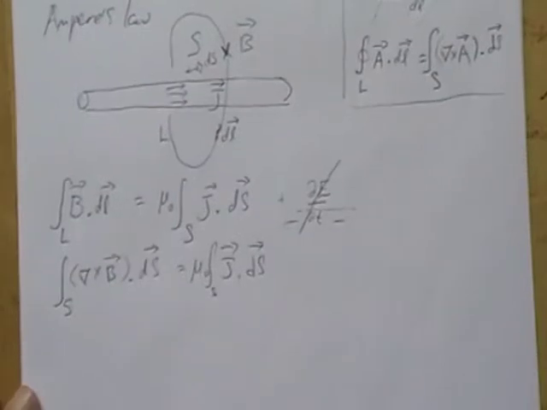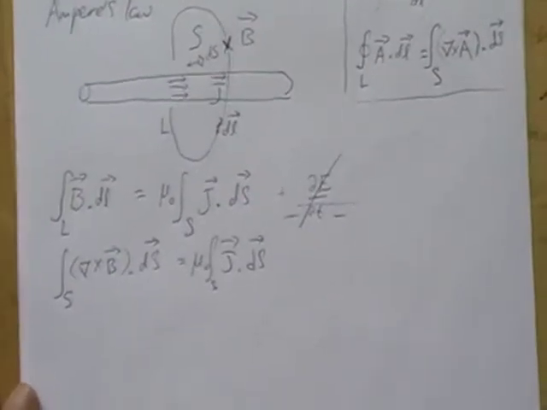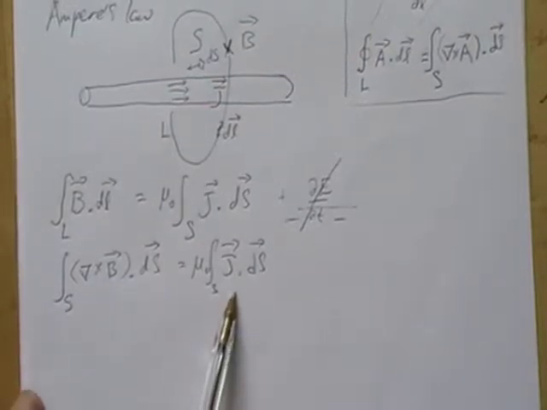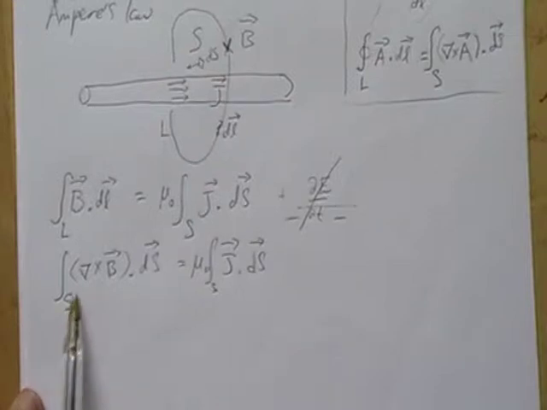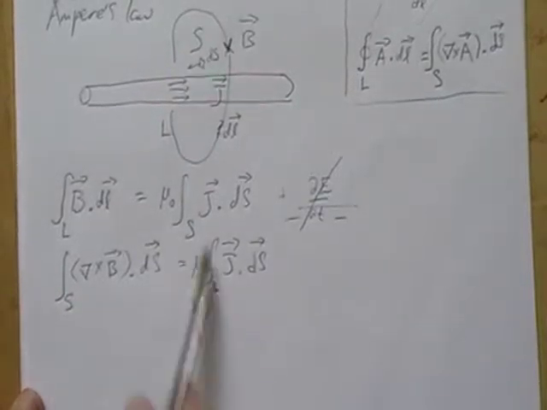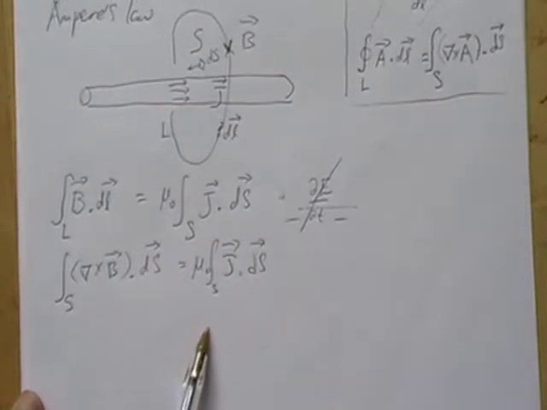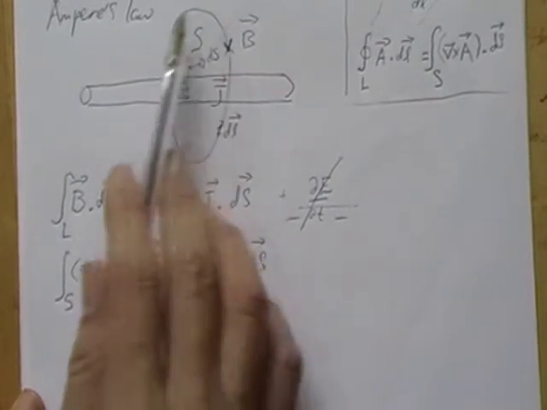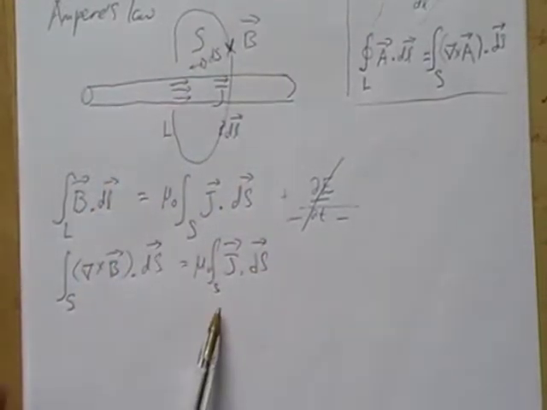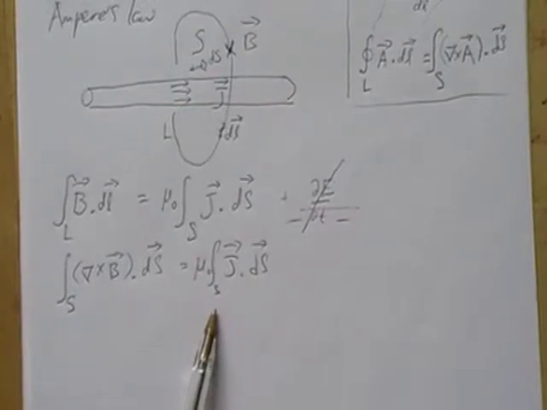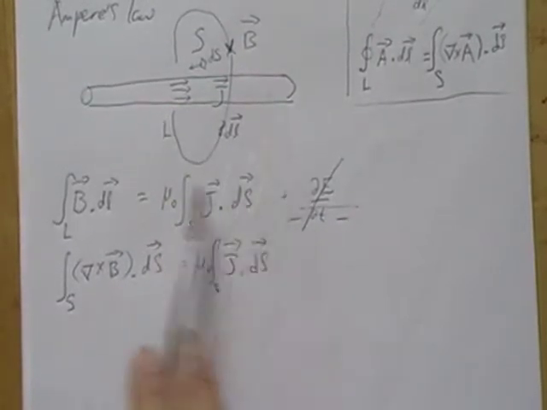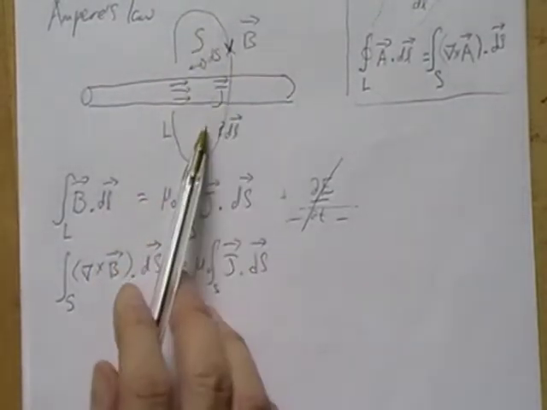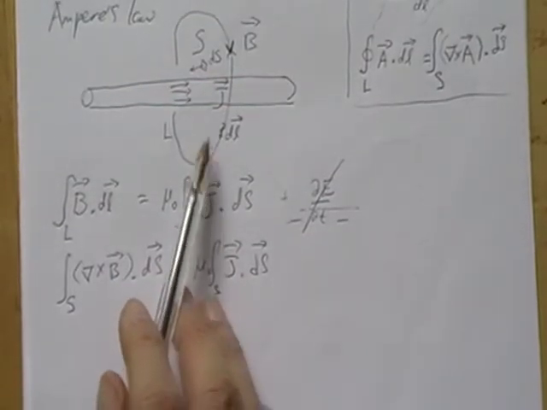And then the argument is that since the left side and the right side are always equal, regardless of the surface or the loop that we actually choose, meaning that we can choose the surface, or the loop, to be big or small or anywhere in space, right? You can include the wire, or it does not even have to include the wire.